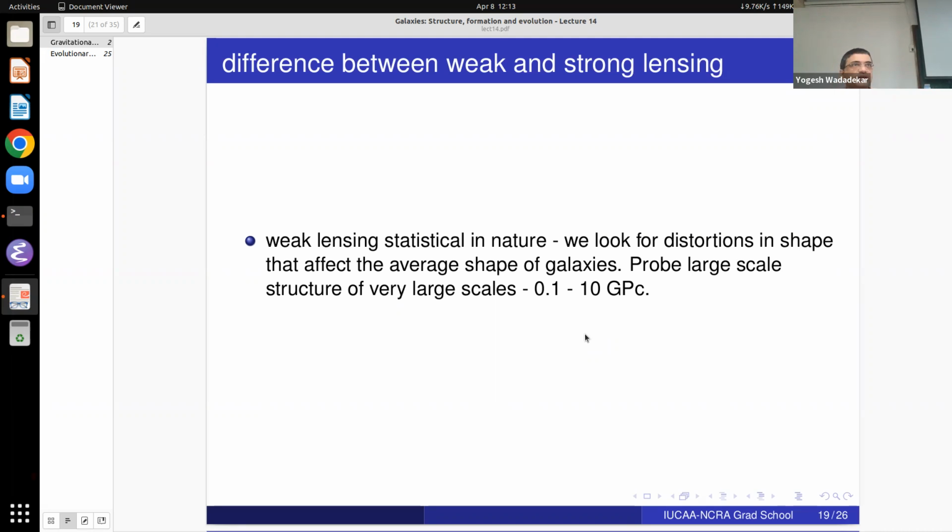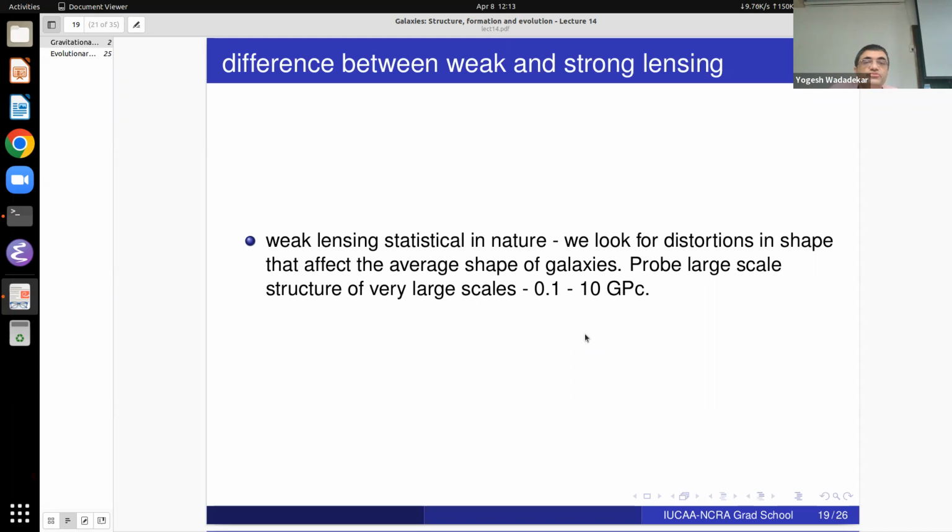What I said a bit earlier is that the light may be deflected multiple times on its way to us. These will all be very small deflections in direction. But the net deflection that we see will be a function of all the matter that it has encountered in its passage.